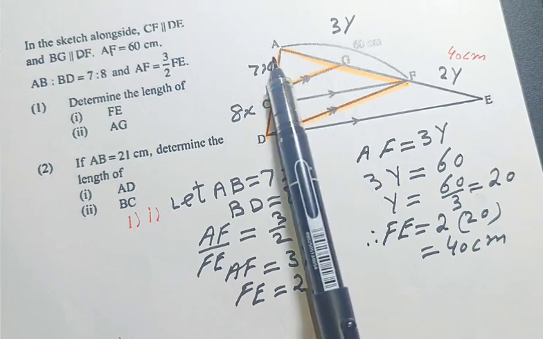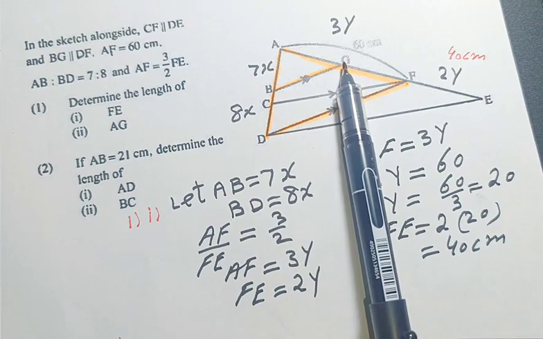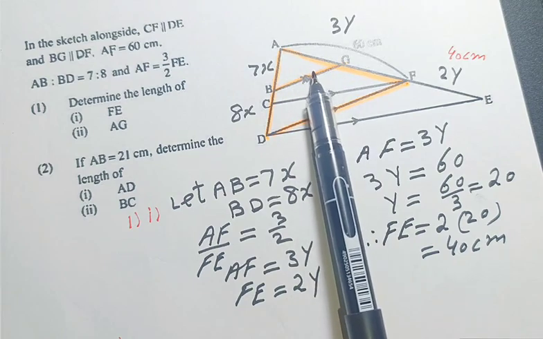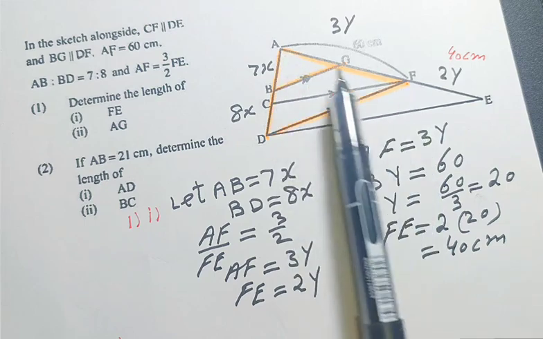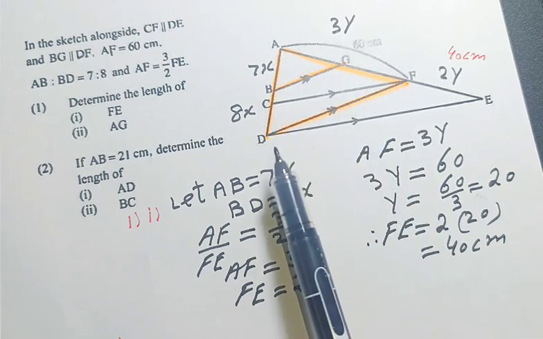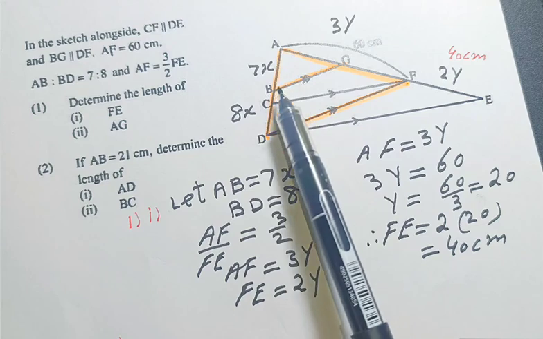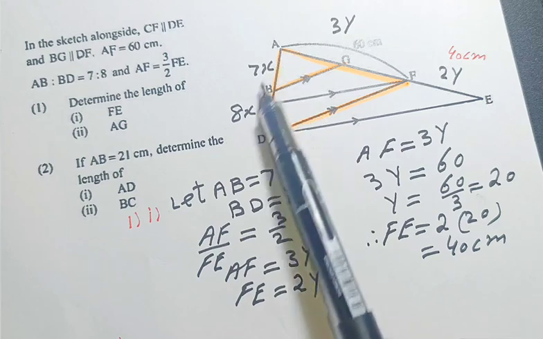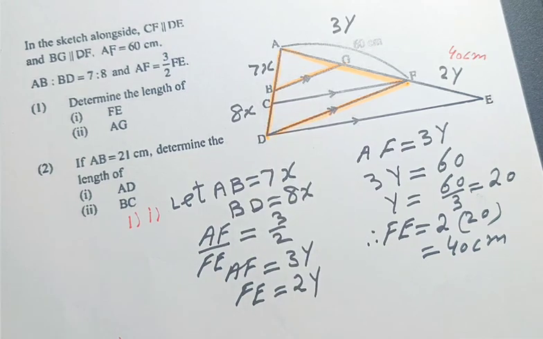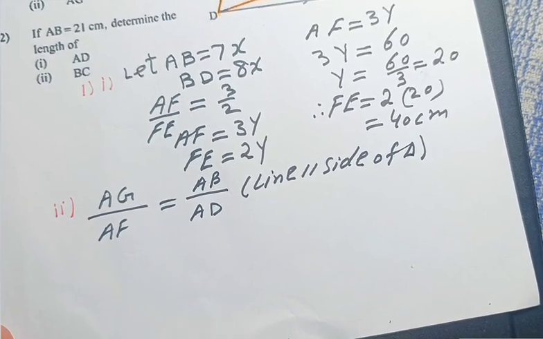AG is what we're looking for. So we can say AG over AF, because we have AF as 60 centimeters, and on this side we do the same thing, AB over AD. So AG over AF is equal to AB over AD, line parallel to a side of triangle.